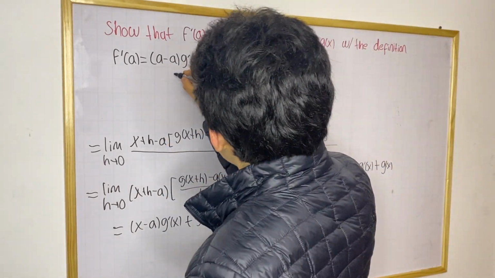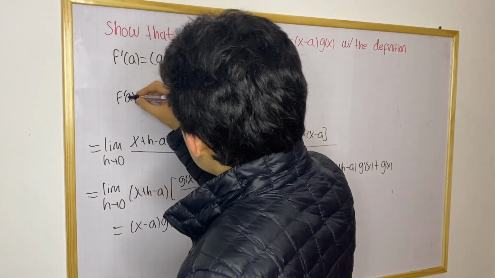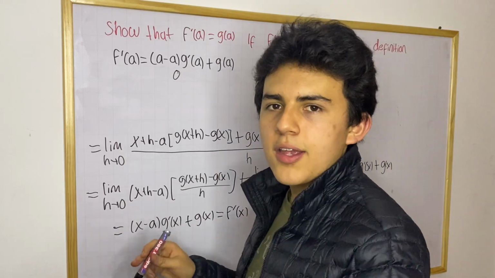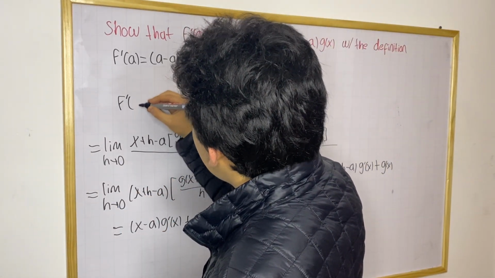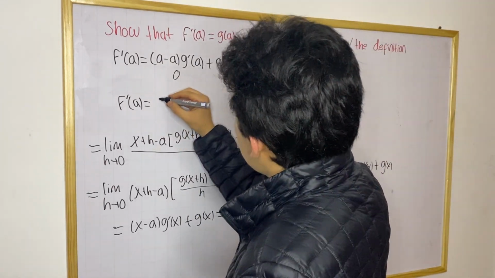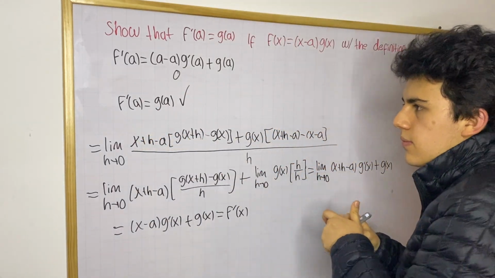This will be equal to 0, okay? I wrote an apostrophe and parenthesis combined, I'm sorry. F prime of a is equal to 0, this term goes out, and now you have g of a, okay? And this is what we wanted to show, okay?